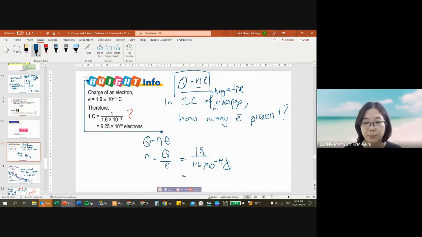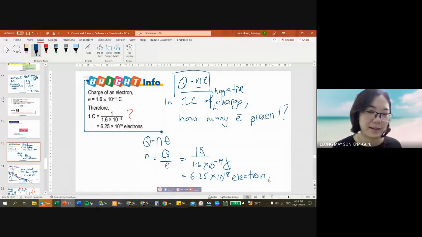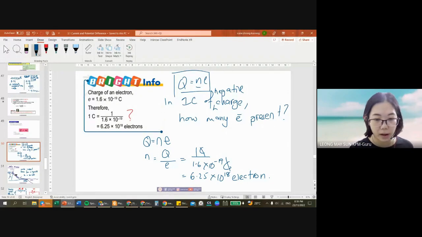Press this into the calculator and you get 6.25 times 10 to the power of 18 electrons. So this is what this bright info is showing. Up to here, are you alright?